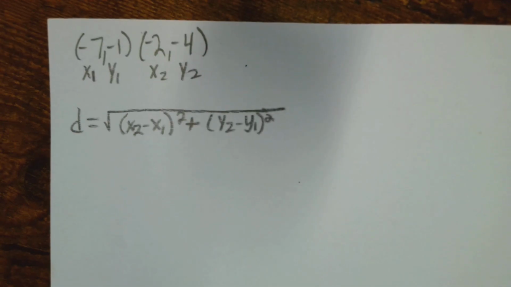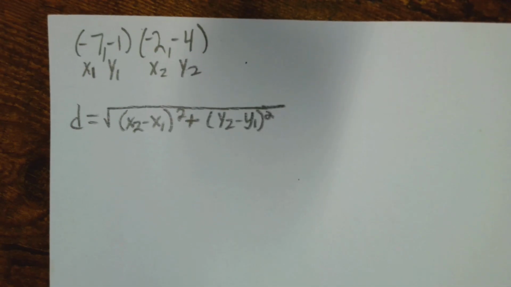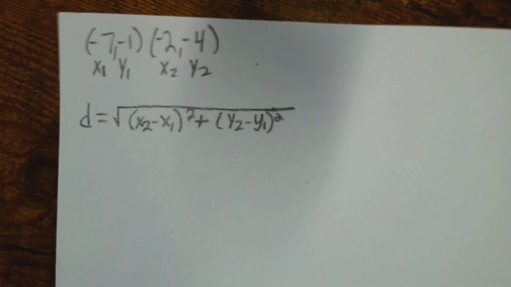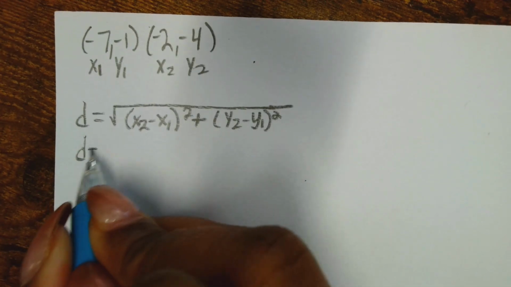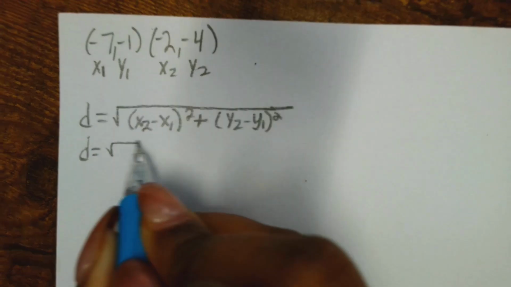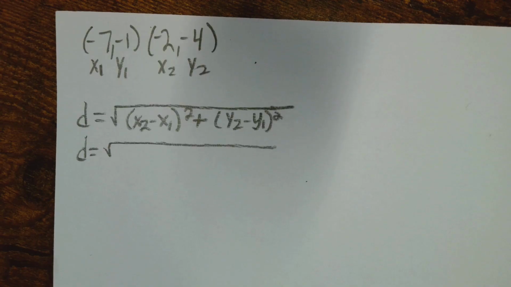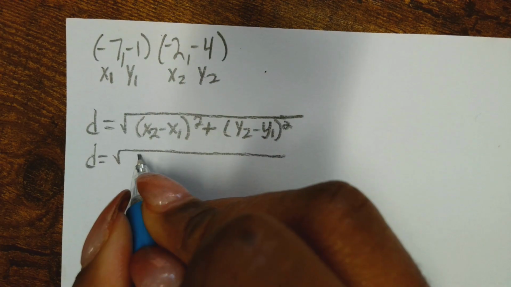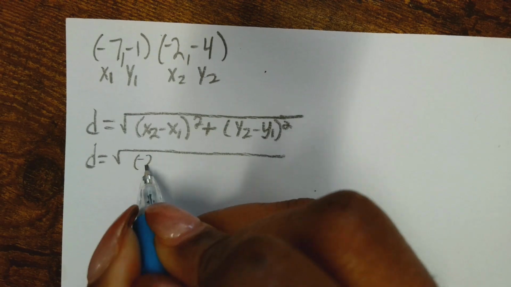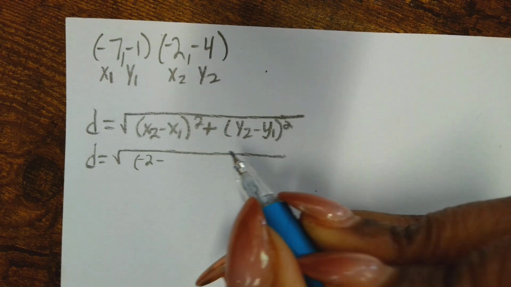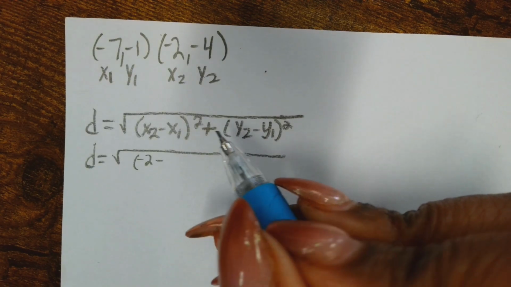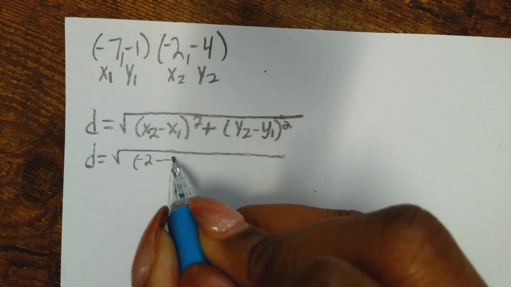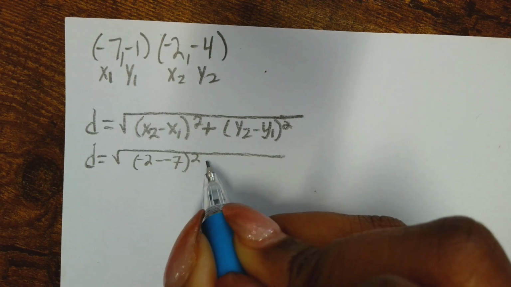I'm going to give you a chance to substitute. Let me pause, see if you can substitute on your own, see what you get. Okay? We have D is equal to the square root. We got x2, so in parentheses, we have -2 minus a -7, squared.